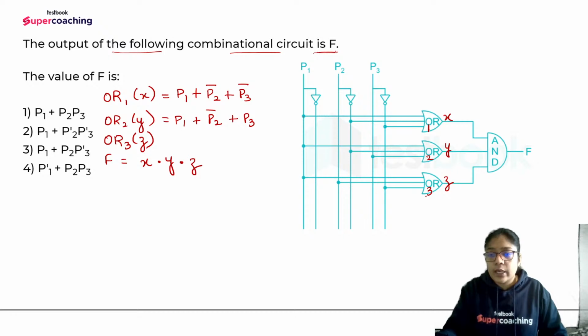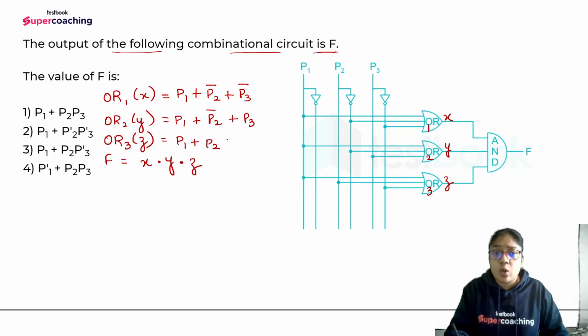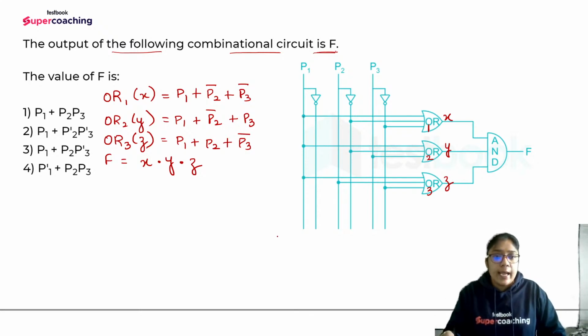Similarly for OR gate 3, it's P1 plus P2 plus P3 complement. P2 uncomplemented है, dots को check कीजिए, and this is P3 complement. OR gates के output side.